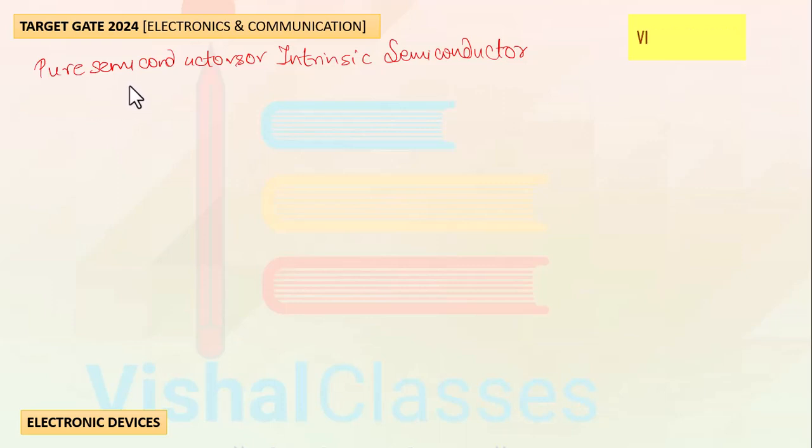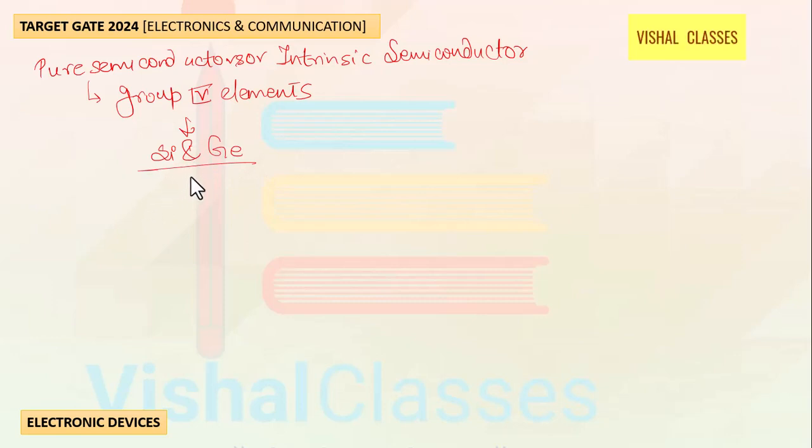These are group 4 elements, and the most commonly used are silicon and germanium.